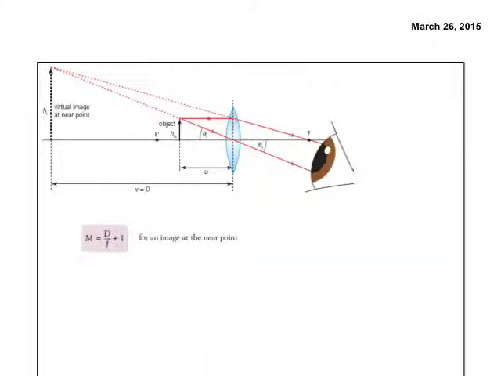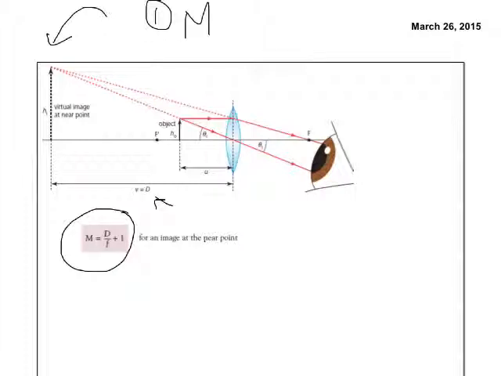In order to derive the relationship for a magnifying glass for an object at near point D, we're going to use the following relationships. The first one is the relationship for magnification: magnification equals angle of the image over angle of the object.